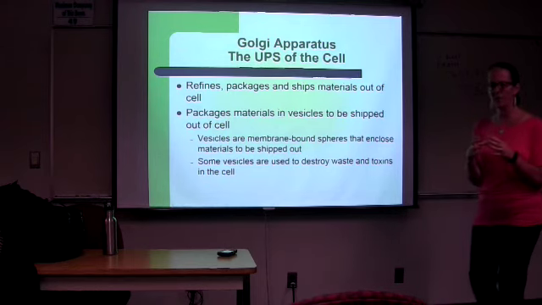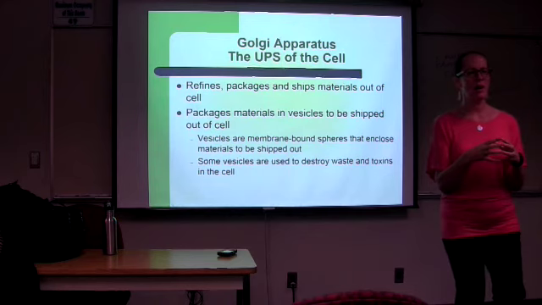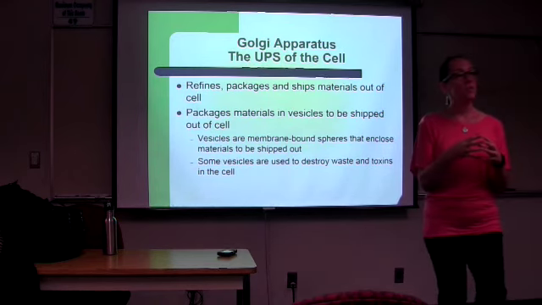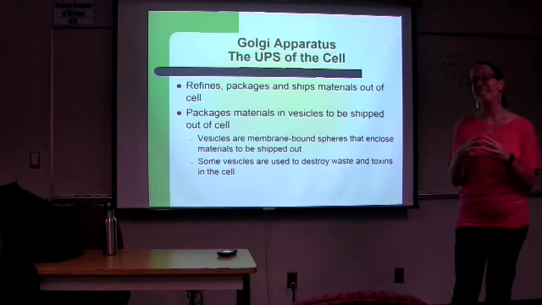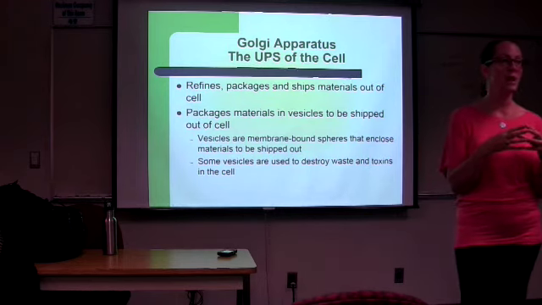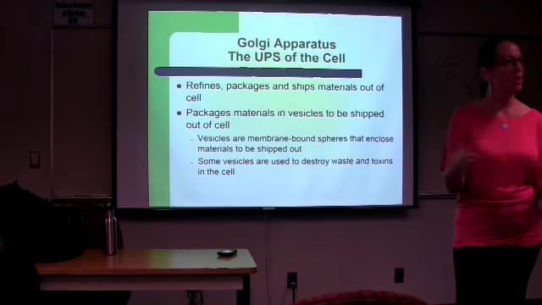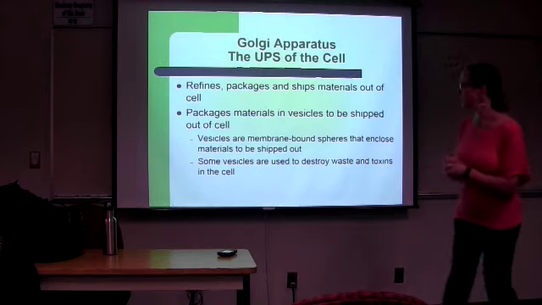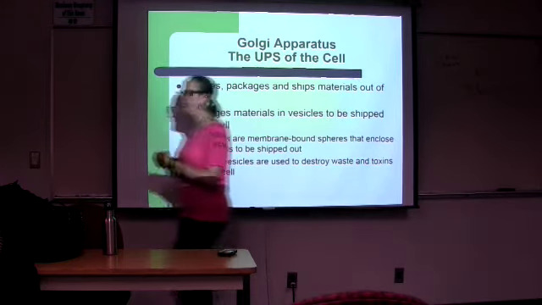We'll actually create vesicles that'll have enzymes in them. So if the cell ingests something that is dangerous or destructive, we can actually use that little vesicle from the Golgi apparatus to engulf it and destroy it. Okay? Okay. I know this is a lot of material.